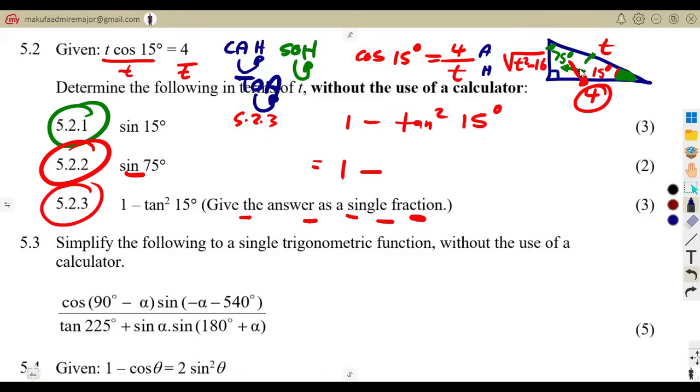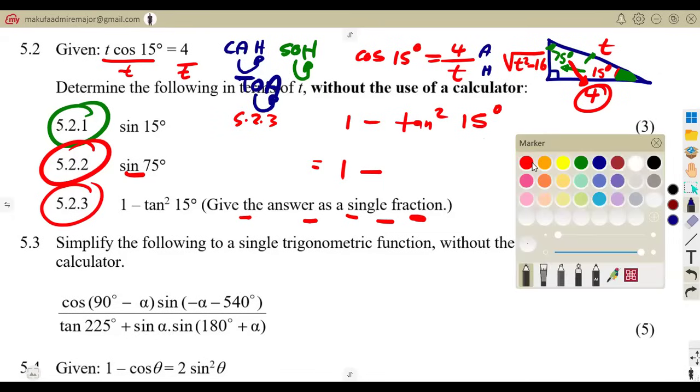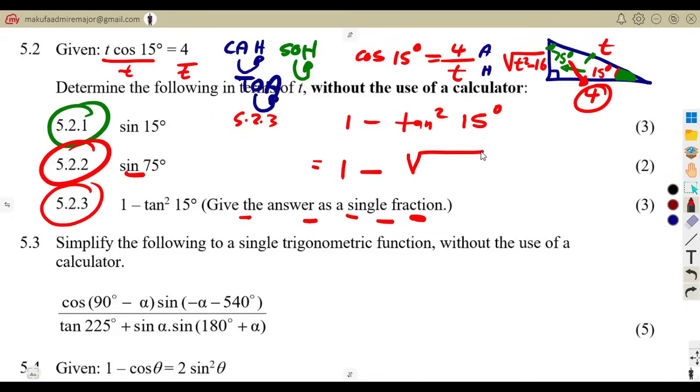According to 15 degrees, the opposite is this one, the square root of t squared minus 16, over the adjacent. According to 15 degrees, the adjacent there is 4. But they are saying tan squared, so we are supposed to square this. But they want this as a single fraction.